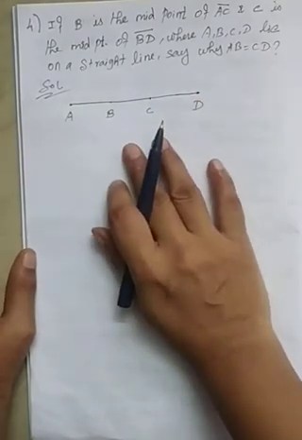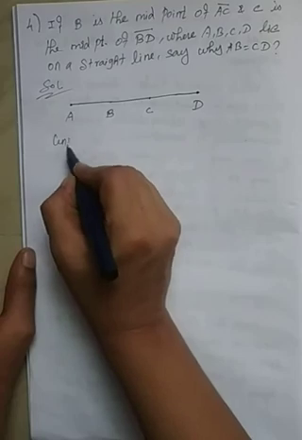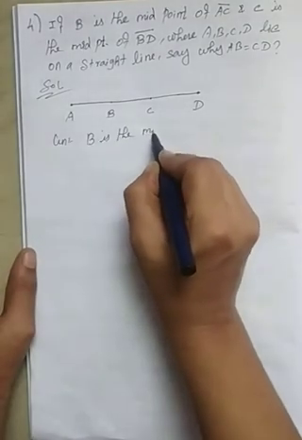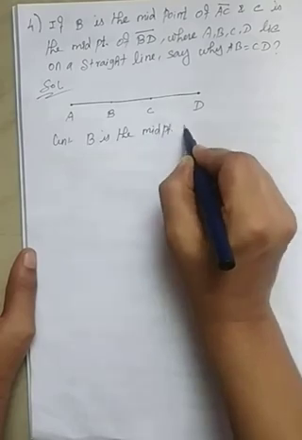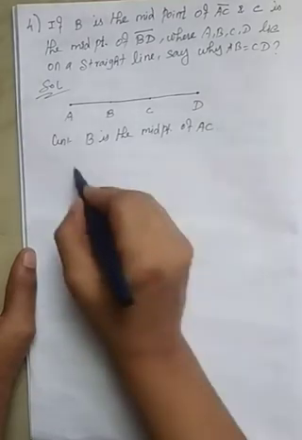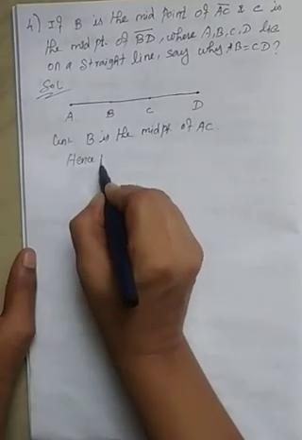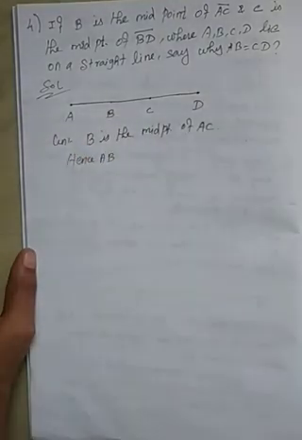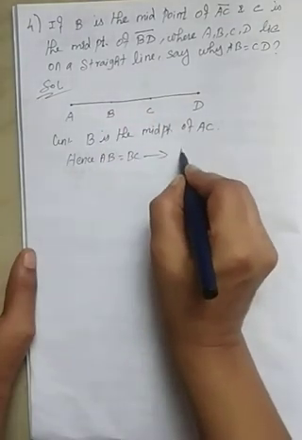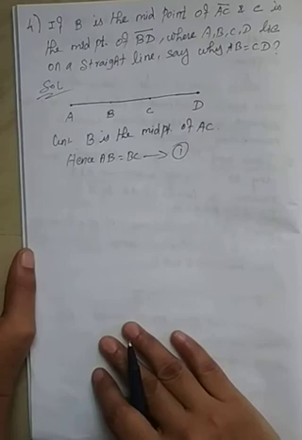See in this diagram, what is the given condition? The given condition is B is the midpoint of AC. Okay. Hence, AB equal to BC. Right? This is equation number 1 you have to take.